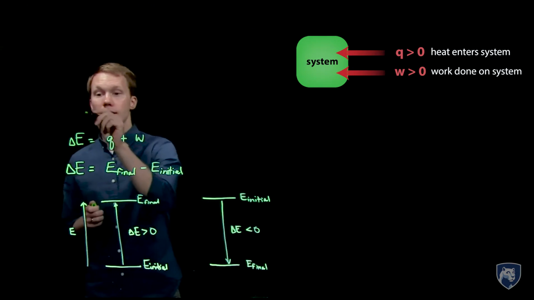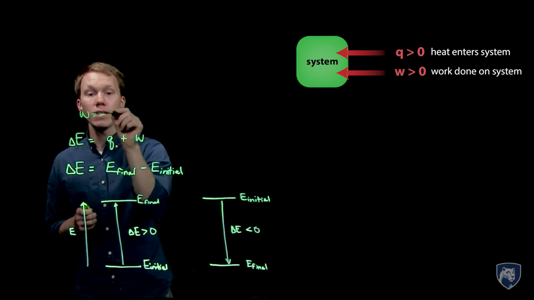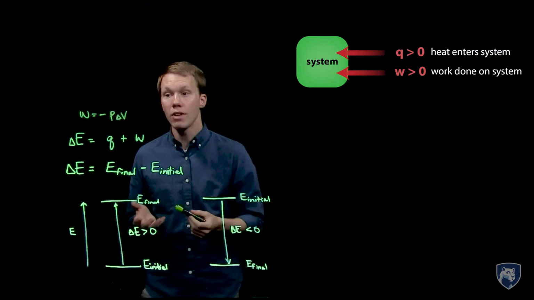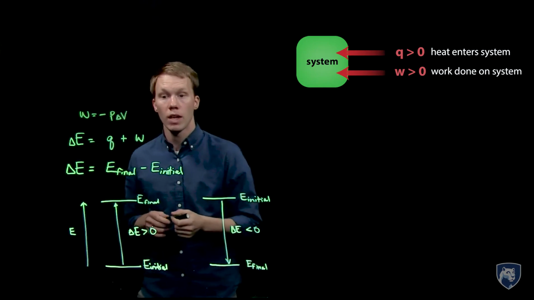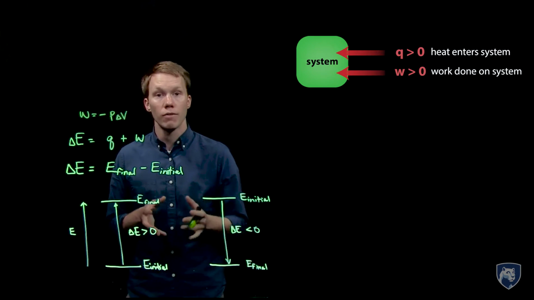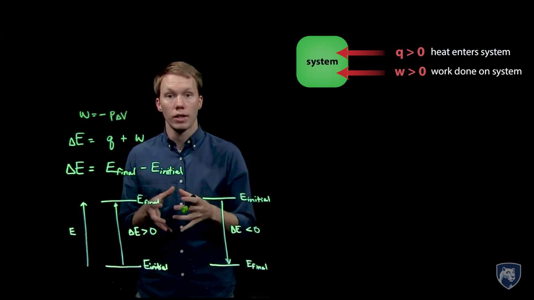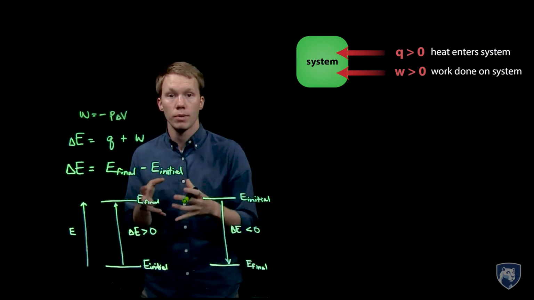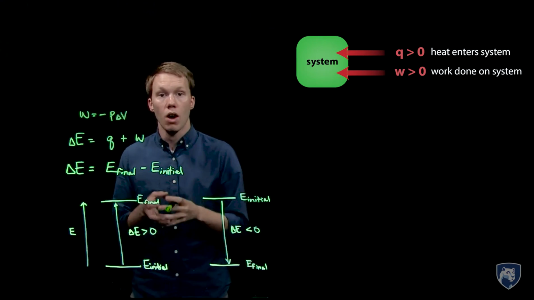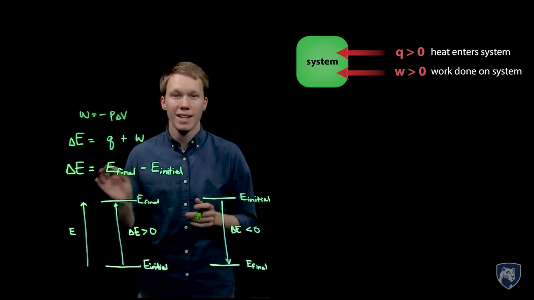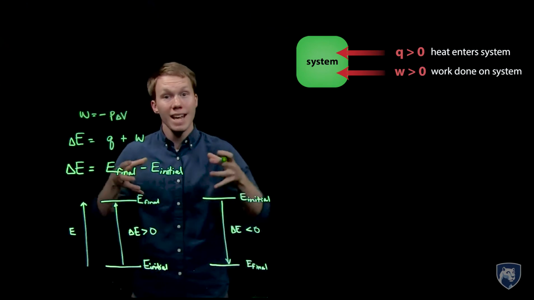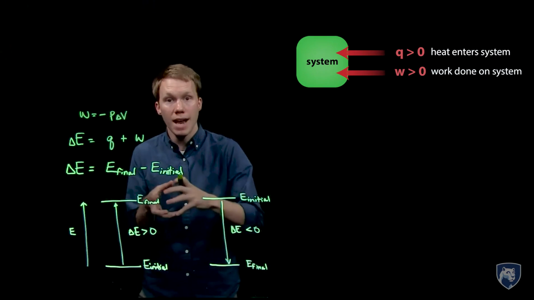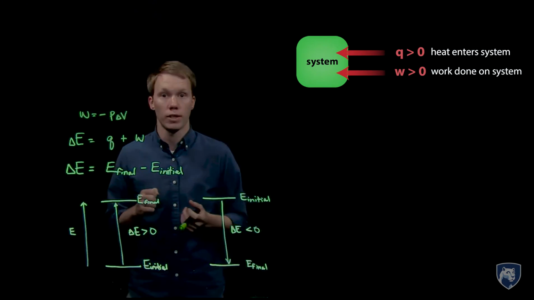Now work is equal to minus P delta V, where P is pressure and delta V is change in volume. So W will be positive when my volume gets smaller. Okay? So think about having to shrink down a balloon. That's going to be work done on the system, assuming that no air came out of that balloon. It would take work, you as the surroundings, to push and make that balloon smaller.